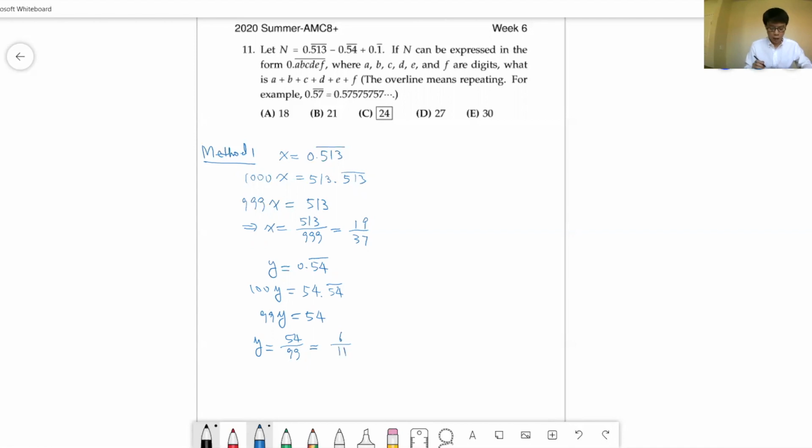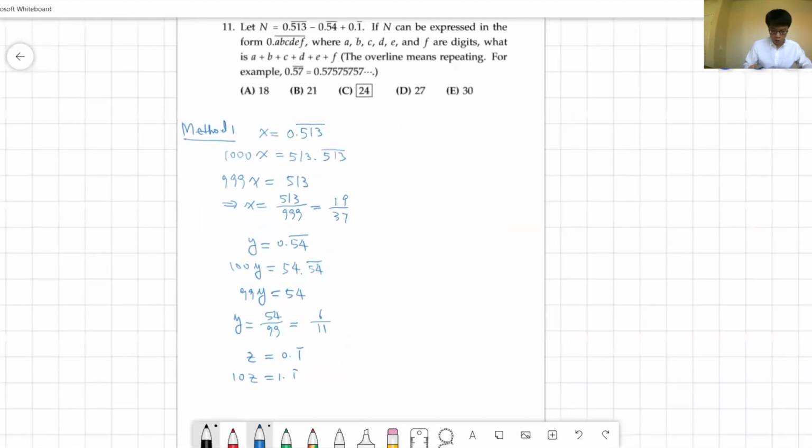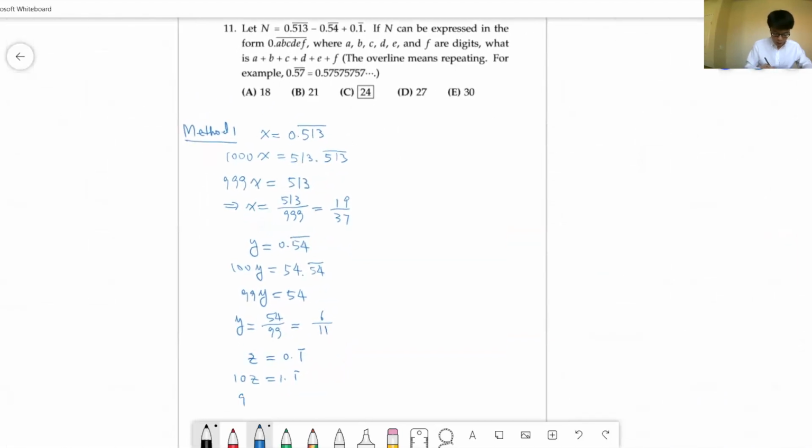Okay. And finally, we consider z equals 0.1 repeating. And then we multiply by 10. So 10z equals 1.1 repeating. We still do this subtraction. And that gives us 9z equals 1. So z is 1/9.